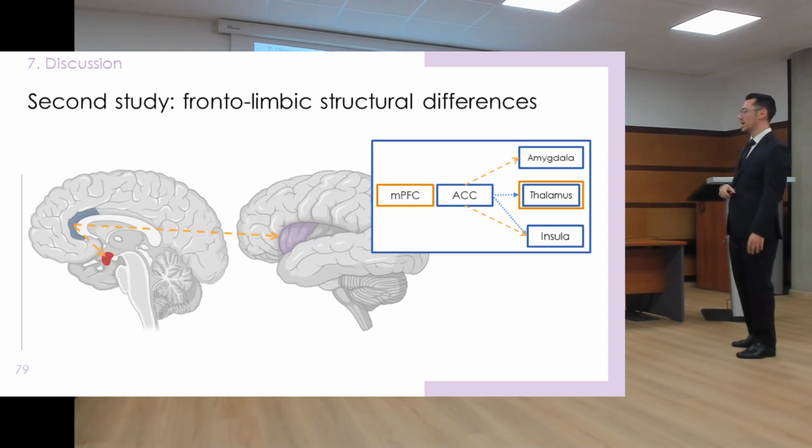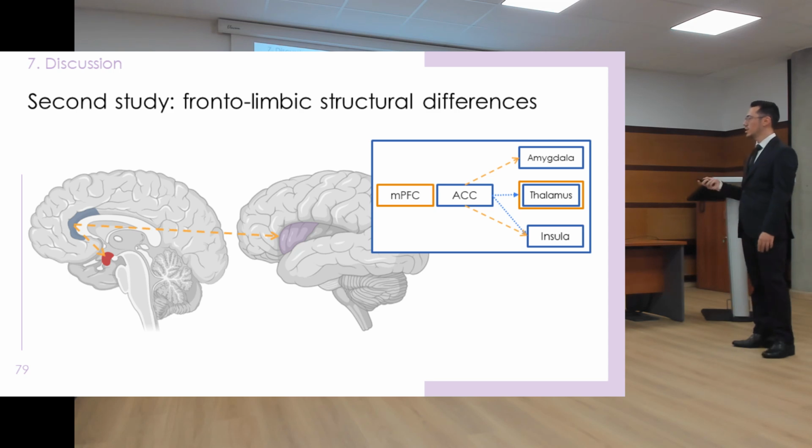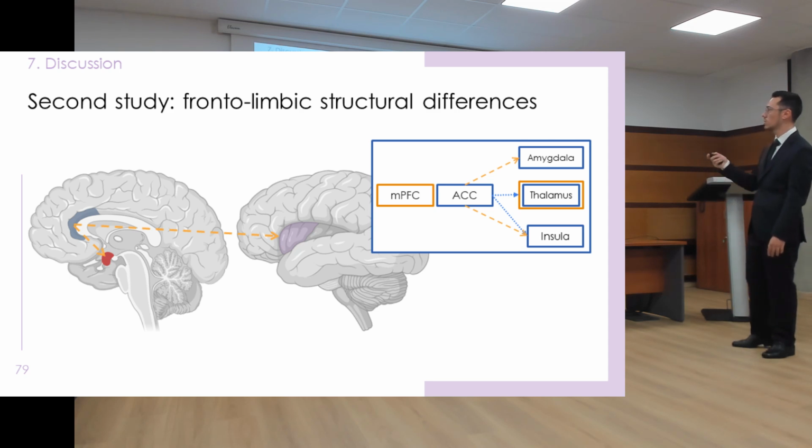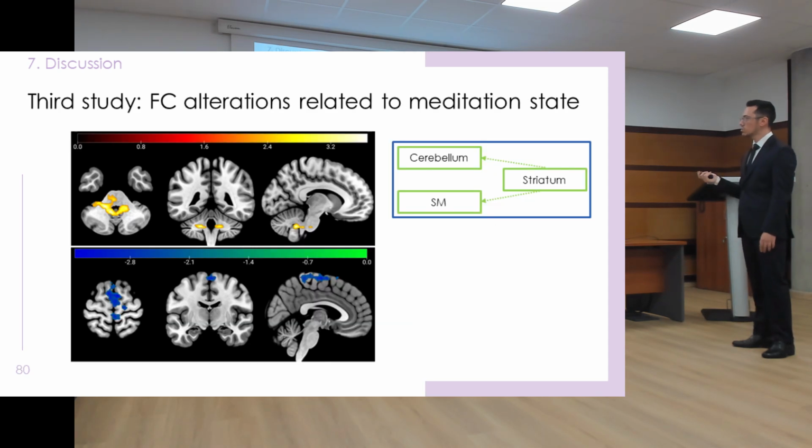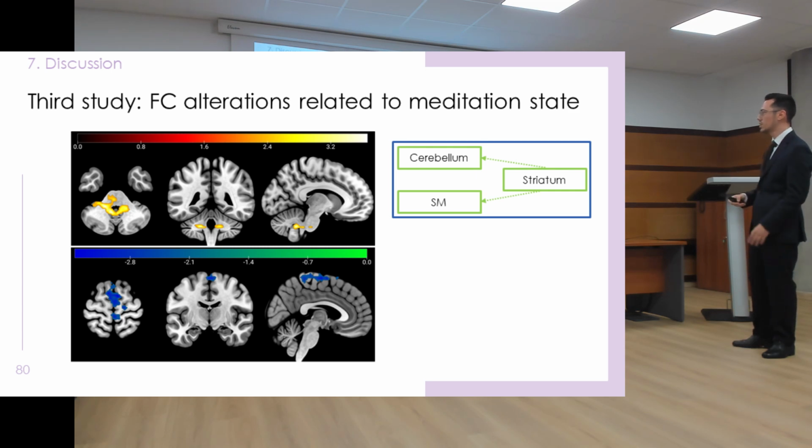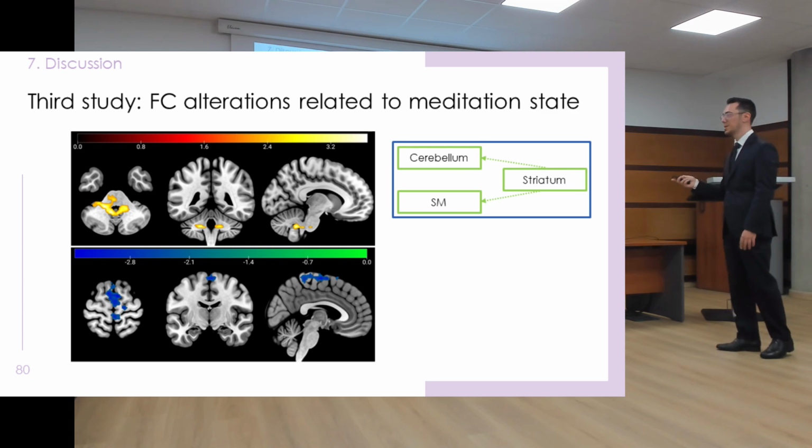And we also add the increased robustness in structural connectivity between the anterior cingulate cortex and both the amygdala and insula, as well as different functional alterations. In this case, I have chosen the relationship between the nucleus accumbens and the cerebellum and the sensory-motor cortex, but there are many others.